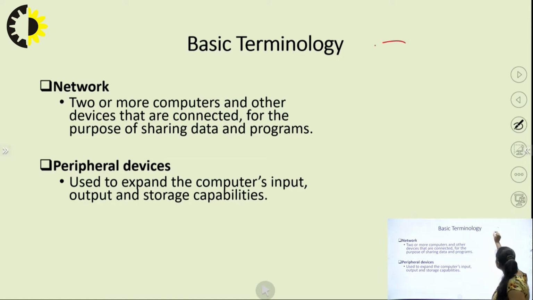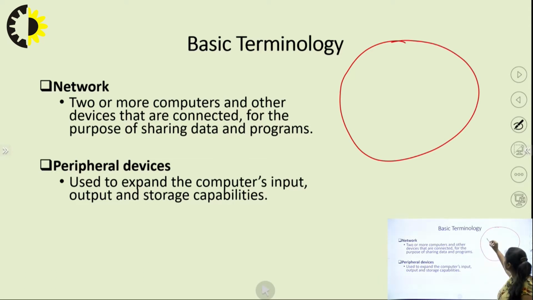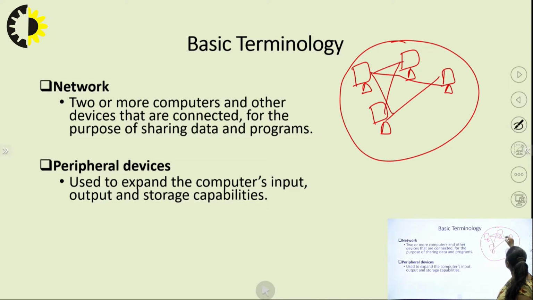Means network is a kind of medium where we have two or more computers, or any device, not only computers, we can also consider any other devices here, that are connected to each other for the purpose of sharing data or any task. They want to share their data, they want to perform a similar task with all the included devices. So this facility is provided by the network.